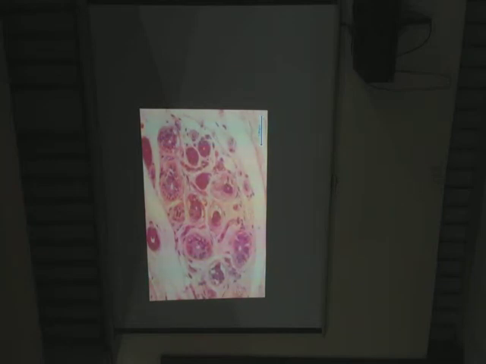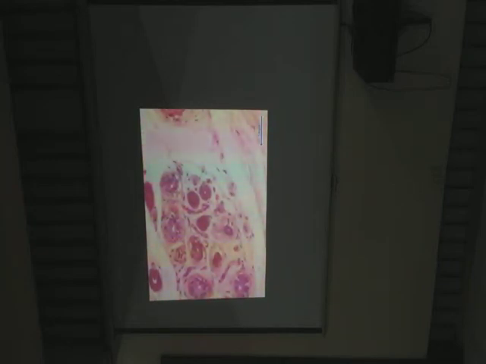Okay, so let us now study the characteristics of the ductal portions of the sweat gland. It is lined by what type of epithelium? Simple cuboidal, and there will still be the presence of the myoepithelial cells surrounding the cuboidal cells.